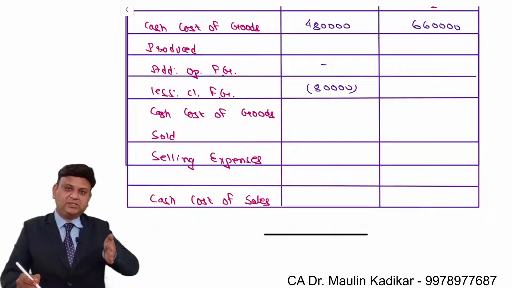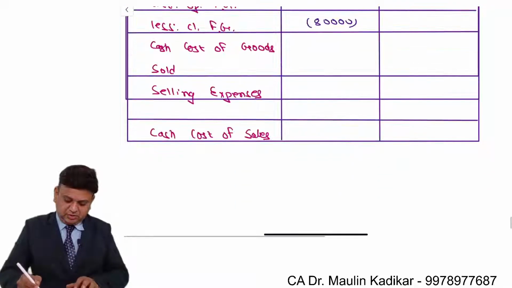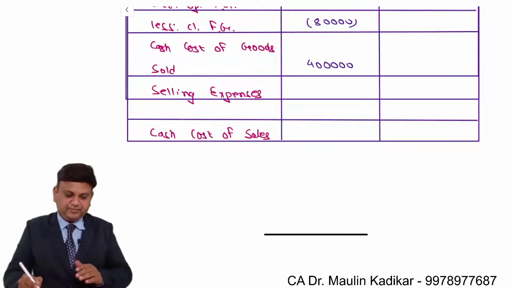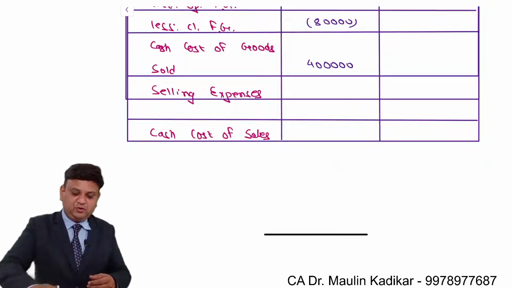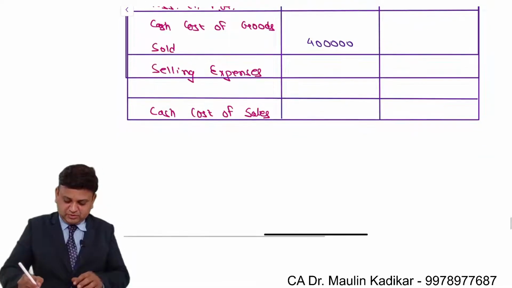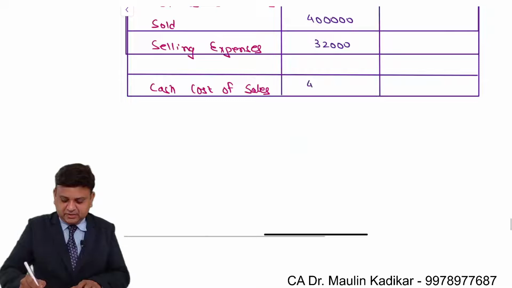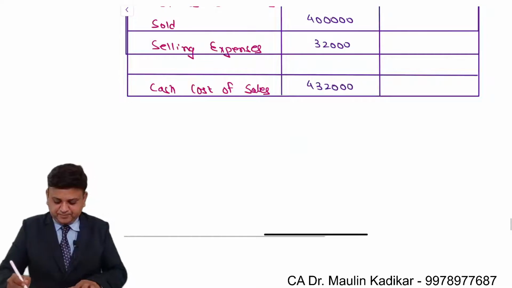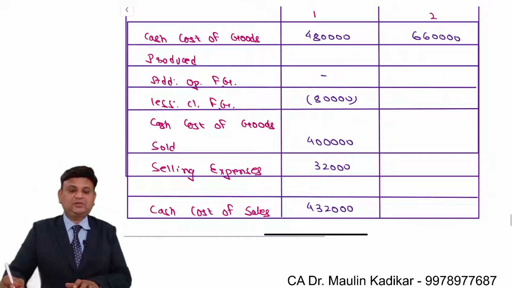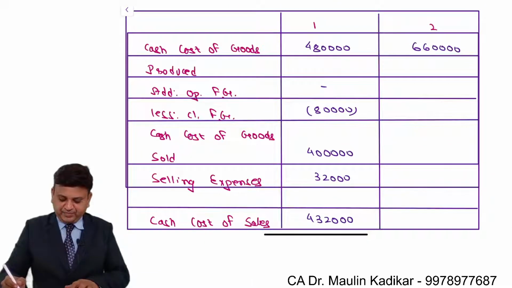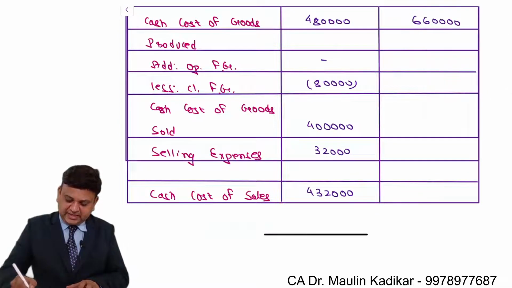So 4,80,000 plus 0 minus 80,000, the cash cost of the goods sold is 4 lakhs. Selling expenses are given as 4 into 5,000 plus 12,000, that comes to 32,000. Plus 4 lakh, it is 4,32,000. This is the way cash cost of the sales will be calculated. In the second year, importantly, the opening stock will be taken as 80,000.